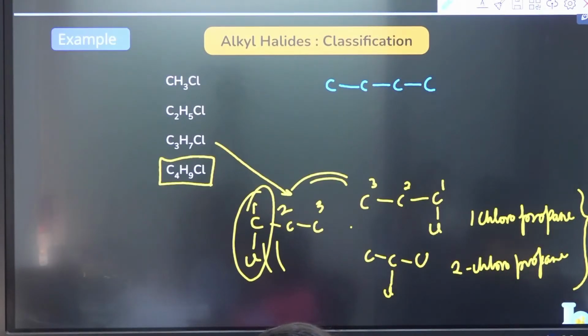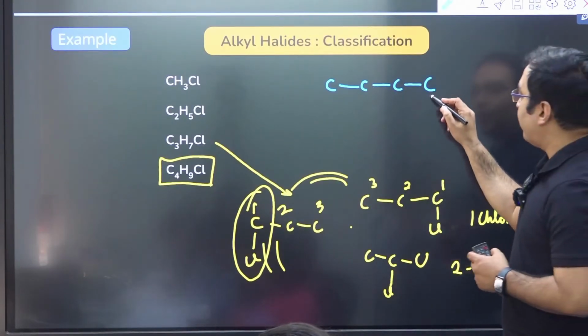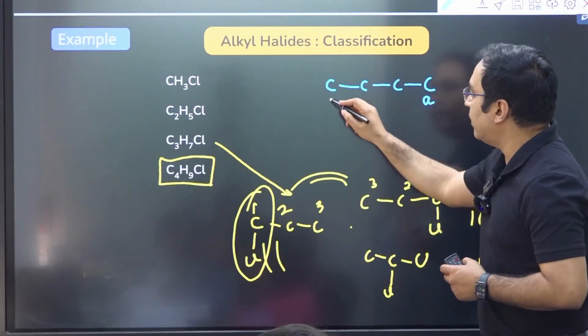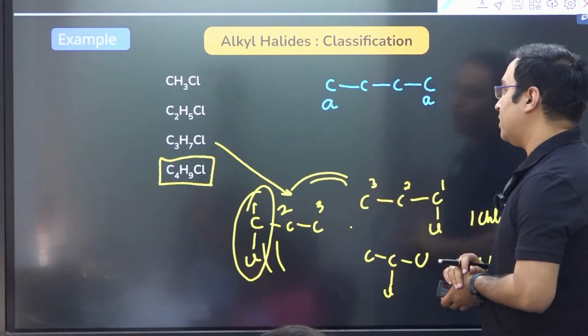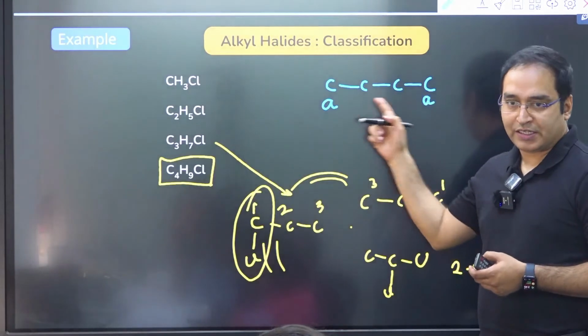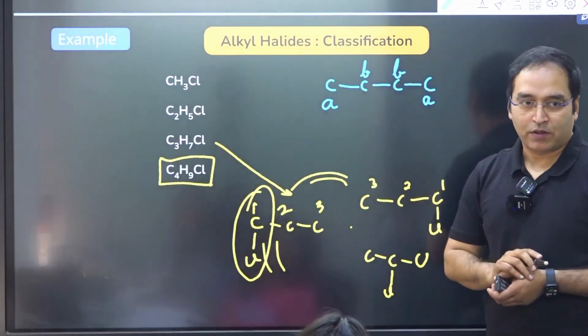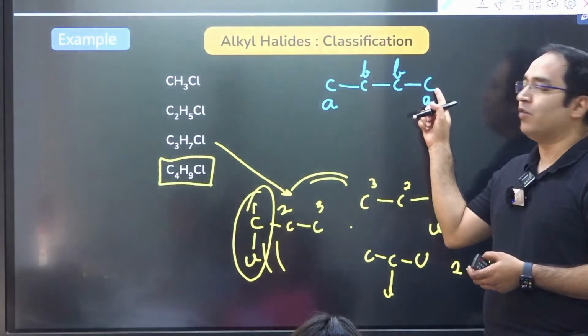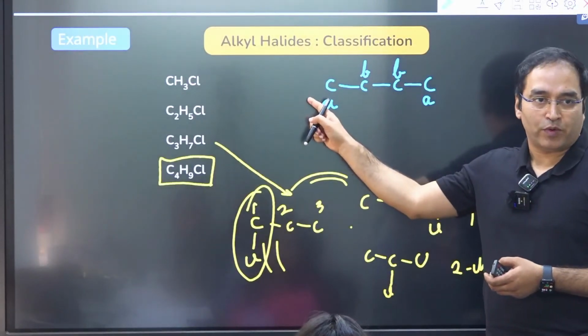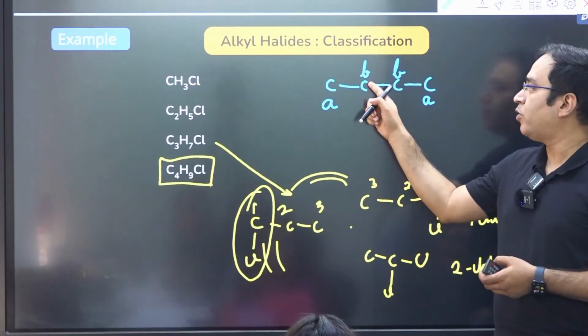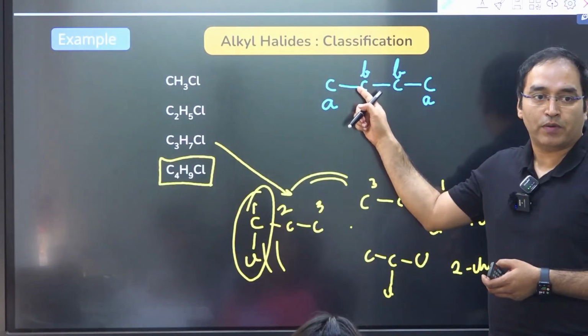If I put Cl here or here, Shravya, is it same or different? It's same. And if I put here and here, is it same or different? That's also same. If you put Cl here, 1 chlorobutane, put Cl here, 1 chlorobutane. Sanjana, is it clear? Yathard, if you put it on B position, what is the name of this compound?